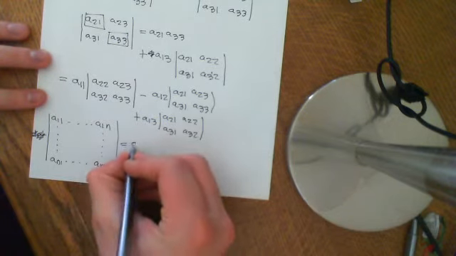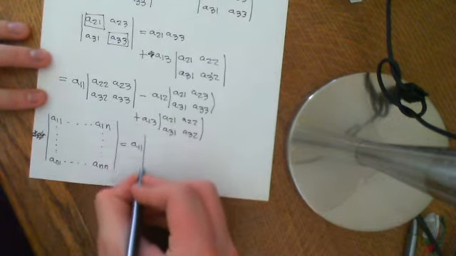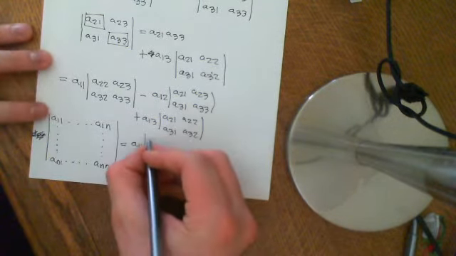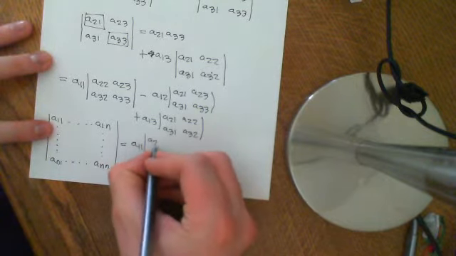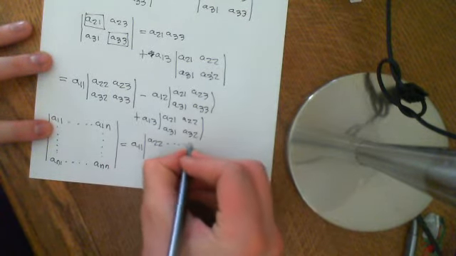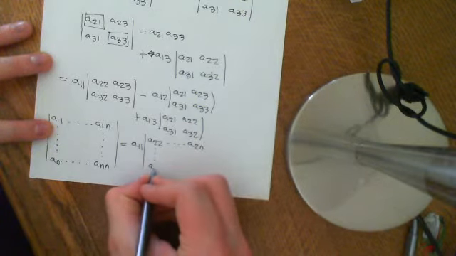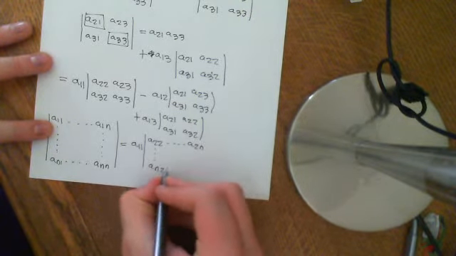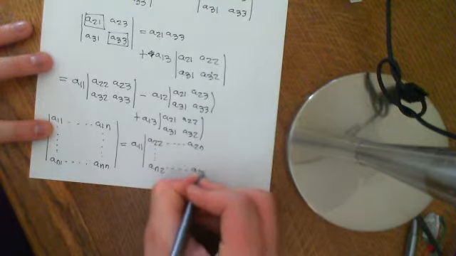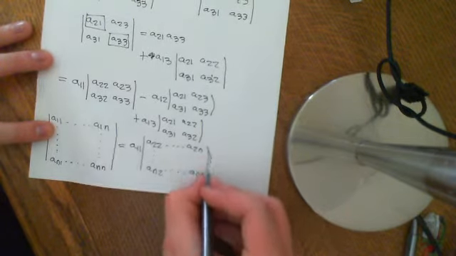Then it's equal to A11 times this smaller bit, so it'll be A22 all the way along to A2n, all the way down to AN2 all the way down to ANN. Oh dear, and then we'll need some more paper.